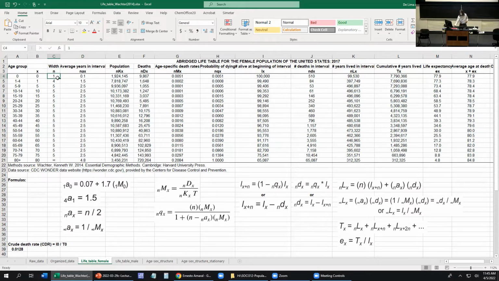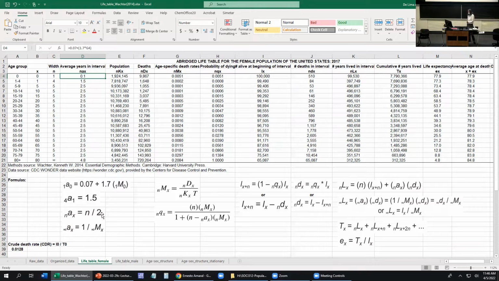I cannot just divide 1, which is my n, by 2, which would give 0.5, because that would say the chance of babies dying at month 1, 2, 3, 4, 5, until 12 is the same. But we know that's not the case, because babies that die before reaching age 1 usually die closer to age 0 than to age 1. So instead of 0.5, this number is going to be smaller than that.